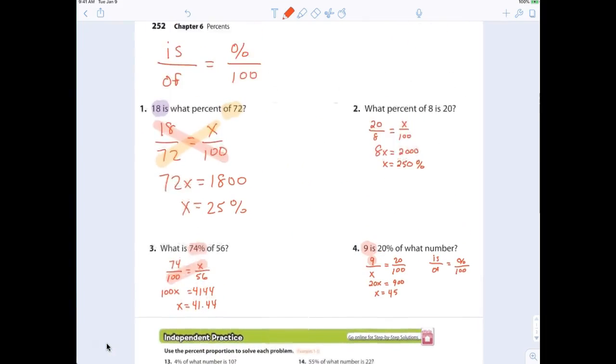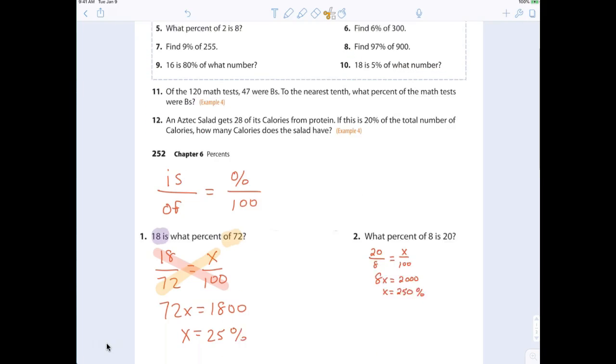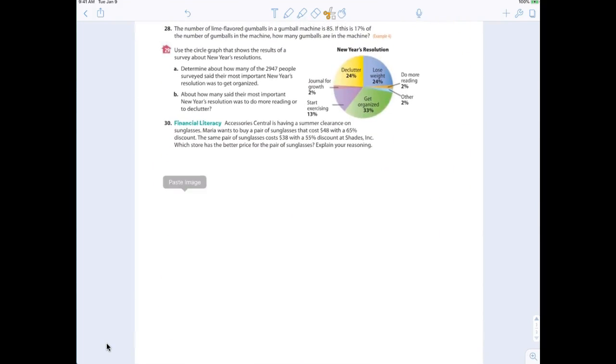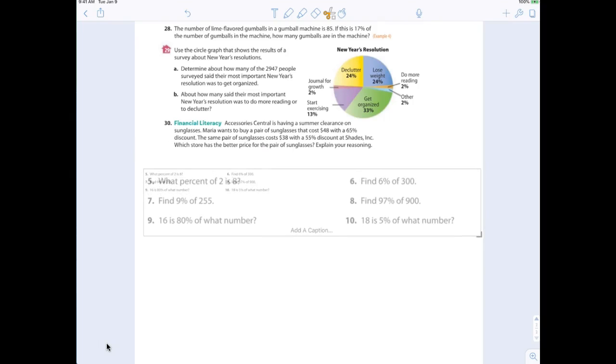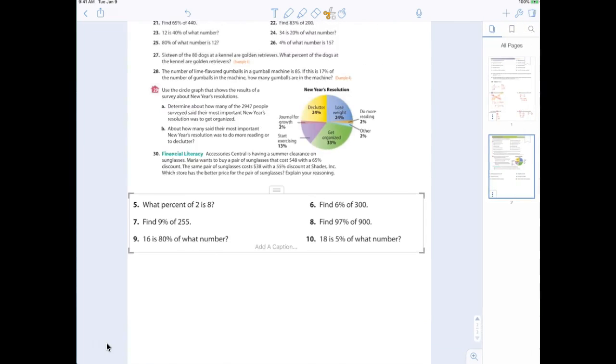Okay. So now let's take a look at 5 and 6. I'm just going to bring these all down to the next page. So for question number 5 now.